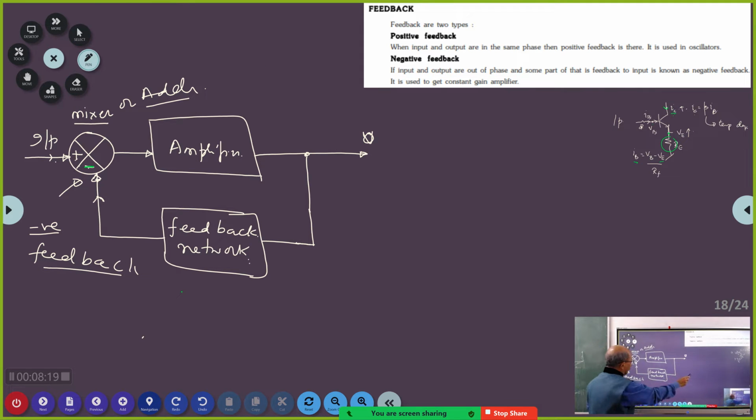I can create a feedback which is positive in nature. Sir, this increases, that will also increase. If this output increases, then this signal will also increase. If this increases, again this will increase, and again this will increase, and therefore it's a compounding effect. Okay, so that is the thing.